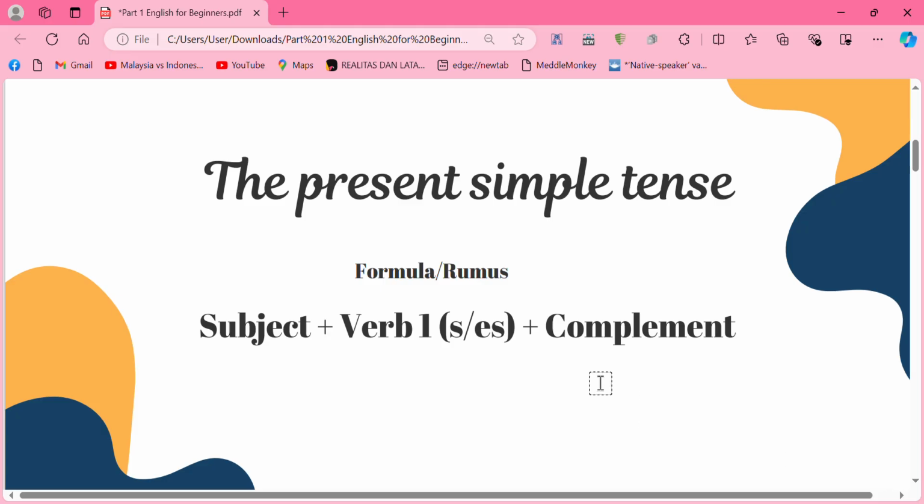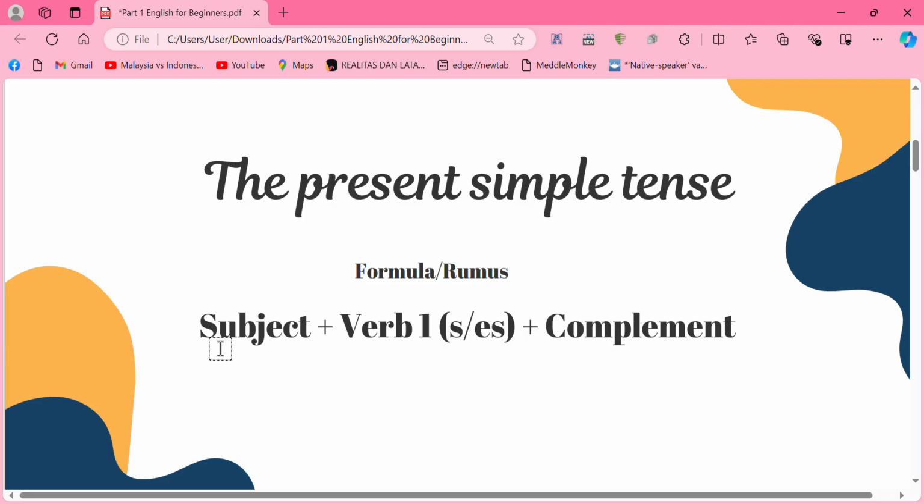This is the formula, or rumus ya in Indonesia. Dalam bahasa Indonesia, rumus. Alright, in the formula, you can see a subject first, plus verb one, plus complement.